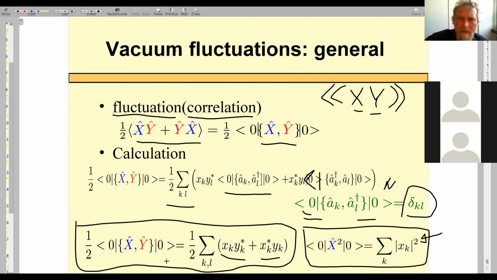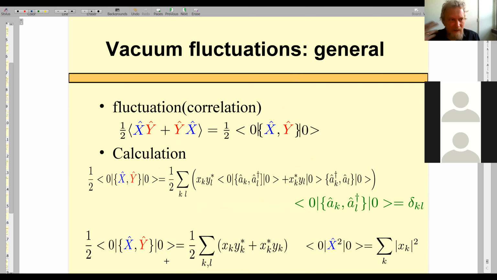Vacuum fluctuations. What do I have to do in order to compute vacuum fluctuations? I need to evaluate the average of two operators in the ground state, the vacuum state, so it's eventually an anti-commutator of two operators. I can run very similar calculations.